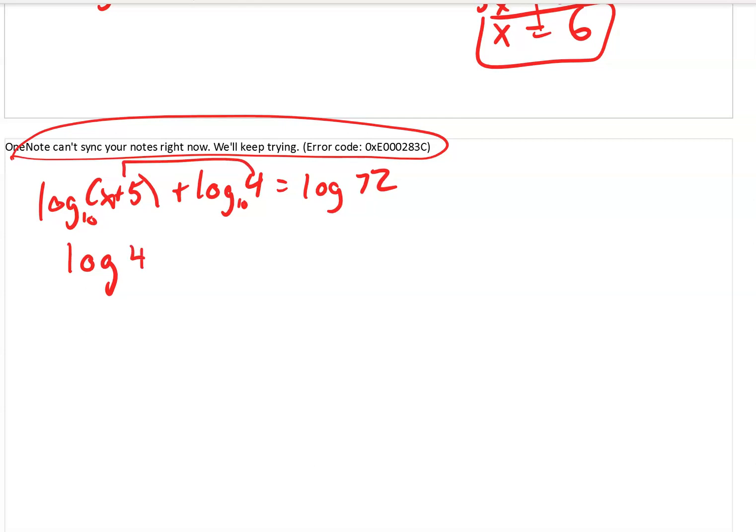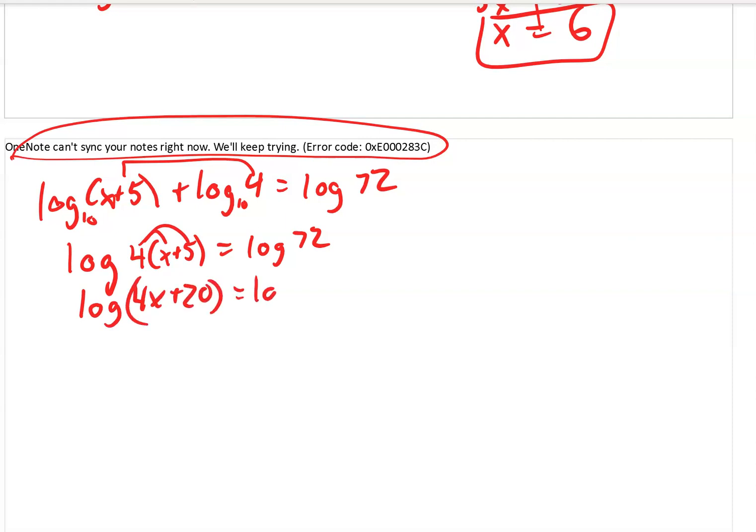So we're going to have 4 times x plus 5 on the left equals log 72 on the right. So we'll multiply this together. This is log 4x plus 20 equals log 72.